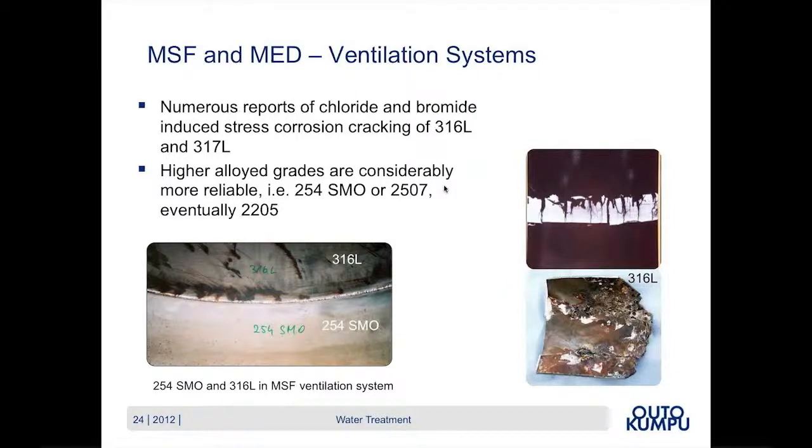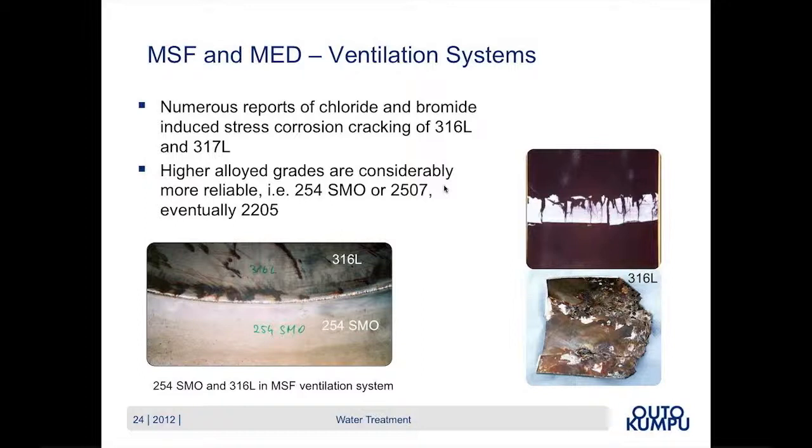In the ventilation systems of both multi-stage flash and multi-effect desalination plants, we've seen plenty of evidence of failures of installations using standard austenitic grades like 316 and 317L. And this is due to the presence of chlorides and bromides in the system. The remedy has always been to replace these grades with something more corrosion resistant.